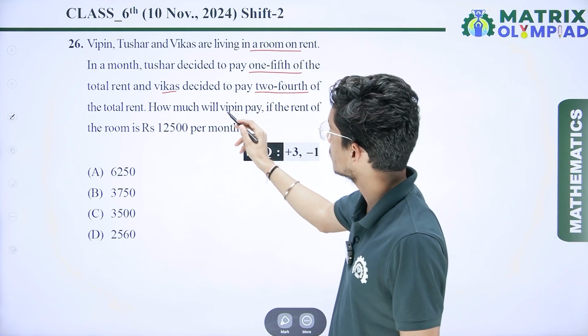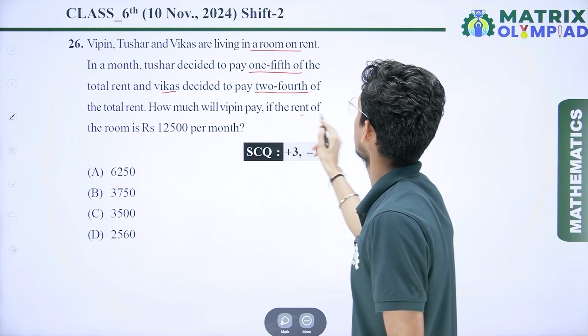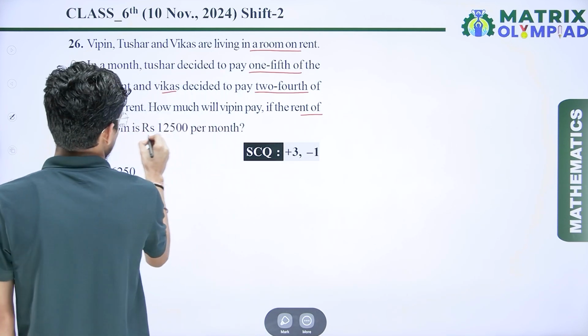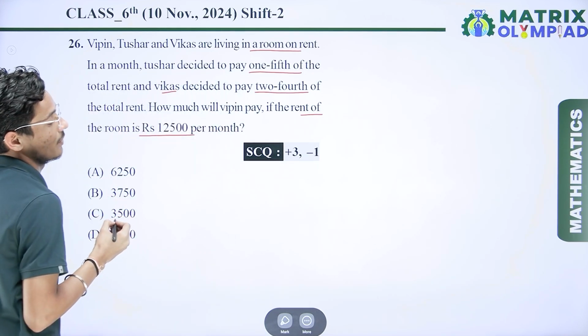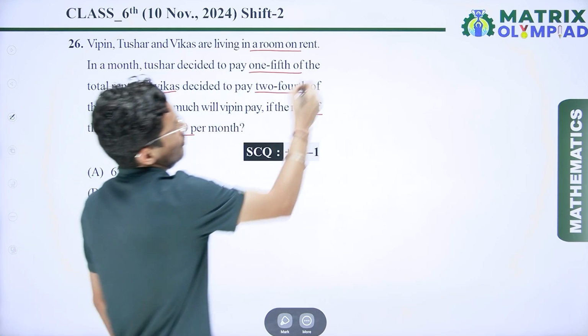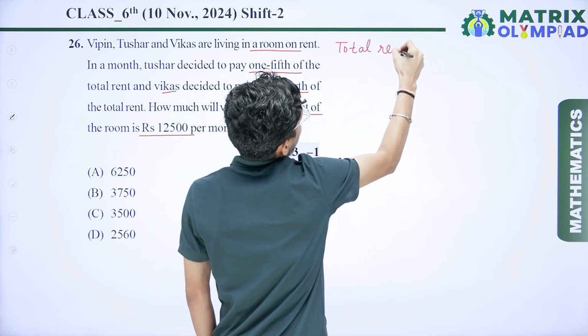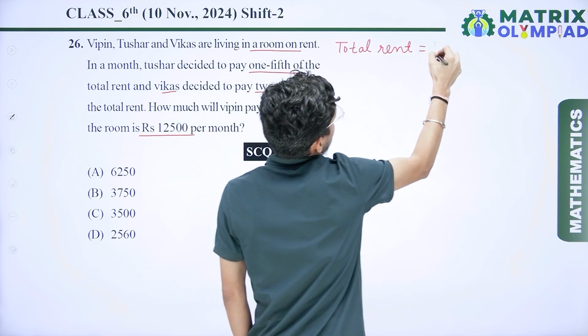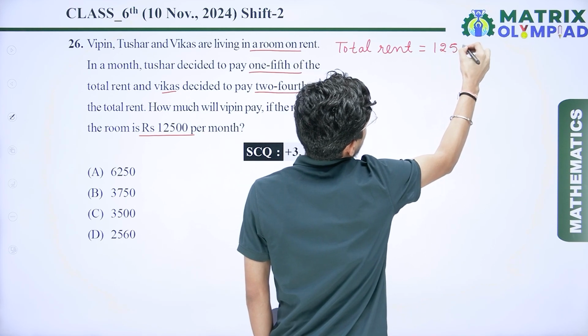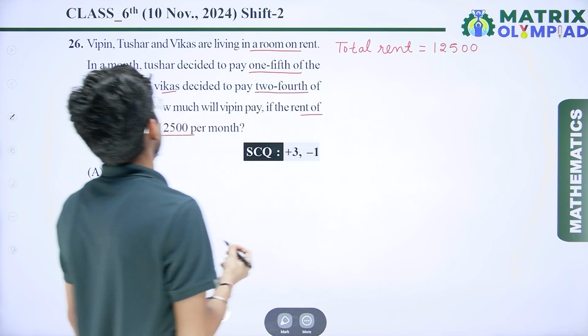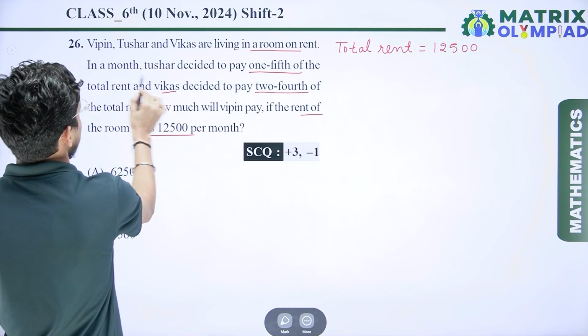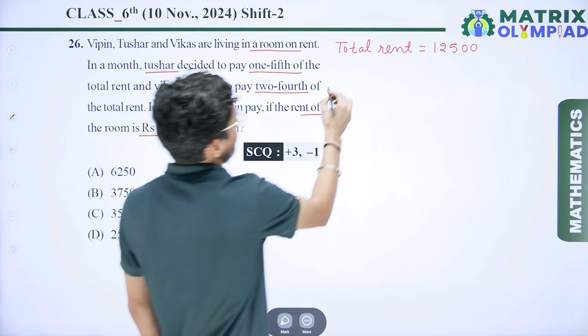How much will Vipin pay if the rent of the room is rupees 12,500 per month? So here we have given the total rent, that is 12,500.